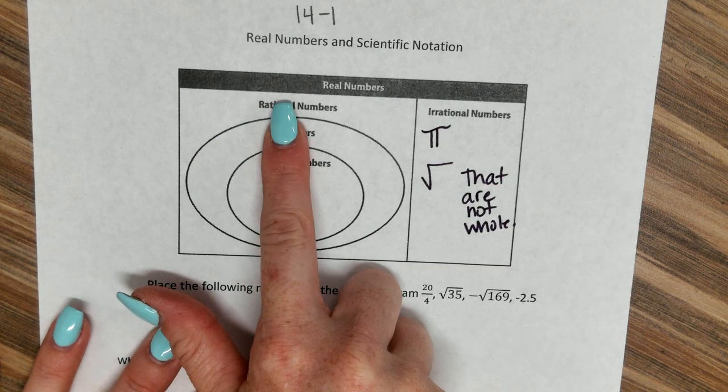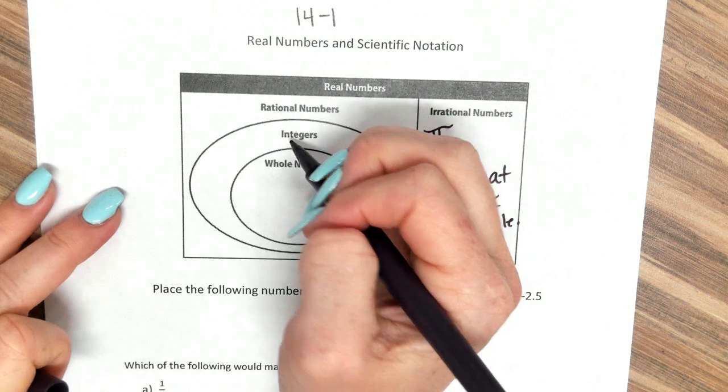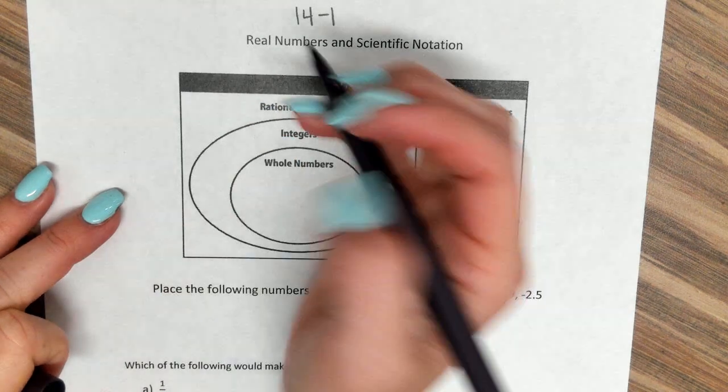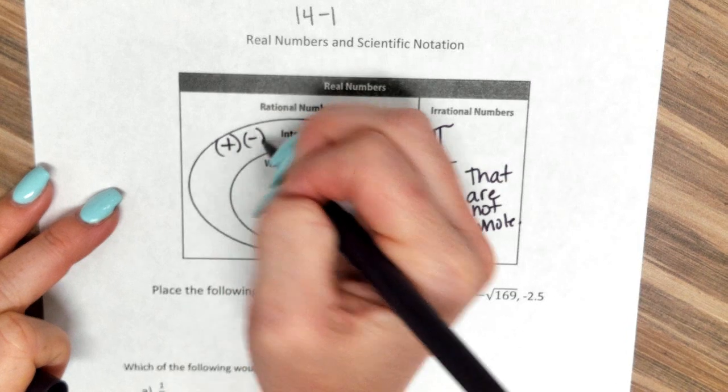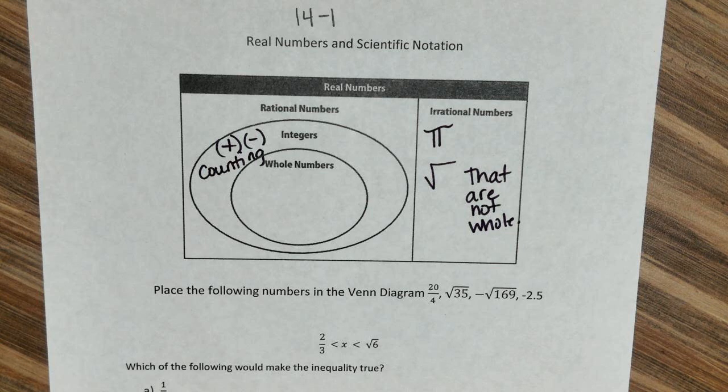Rational are all your other numbers. Everything. Your decimals, your percents, your fractions, your integers, and your whole numbers. So, integers are rational, but integers are positive and negative counting numbers. For example, -1 and +1, -2 and +2. Those are your integers.